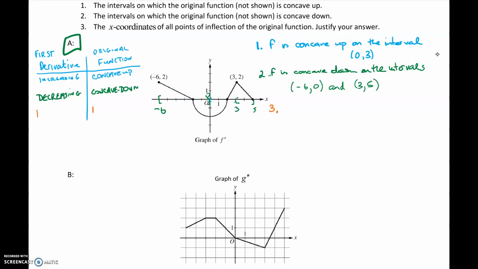So the original function has points of inflection, and basically it's when the first derivative changes from increasing to decreasing, or when it reaches a max or a min. Okay, we'll call it a relative max or a min because we don't look at the endpoints.